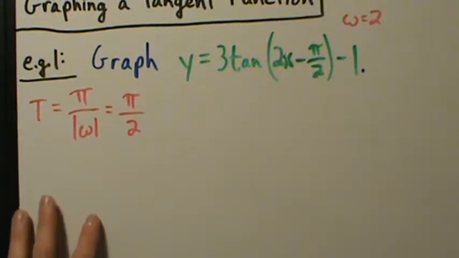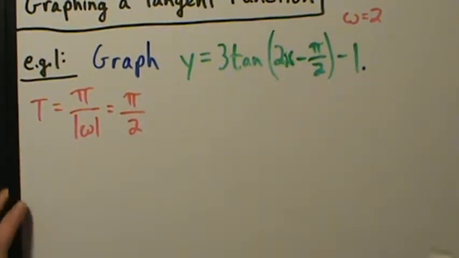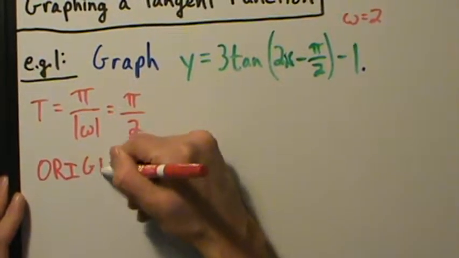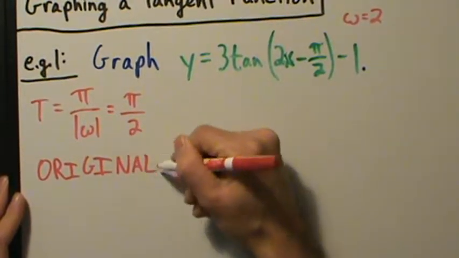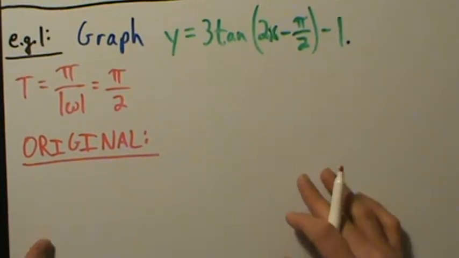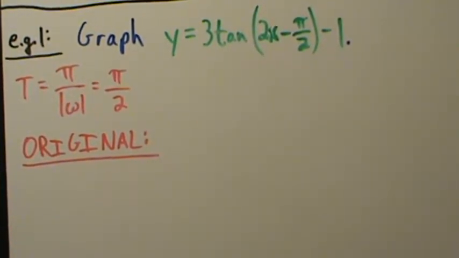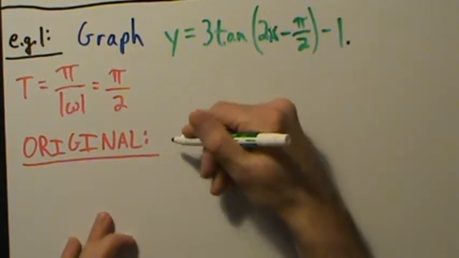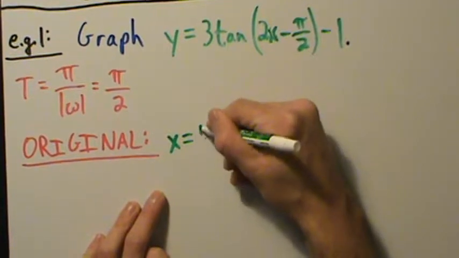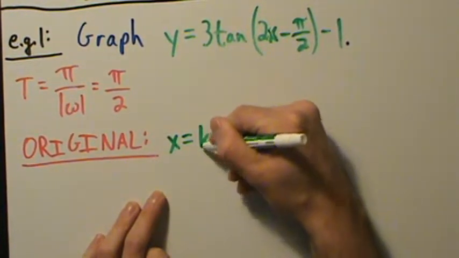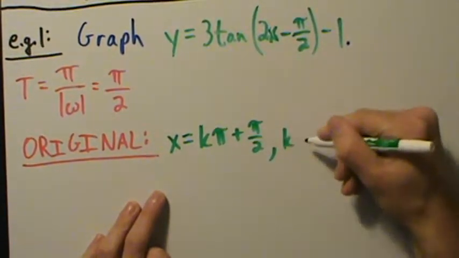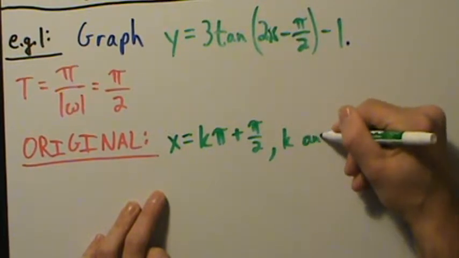Now we have to find the general equation of the vertical asymptotes. We follow the same process as in the other videos. First, the original general equation of the vertical asymptotes for the plain tangent, y equals tangent of x, is x equals k pi plus pi over 2, where k is any integer.